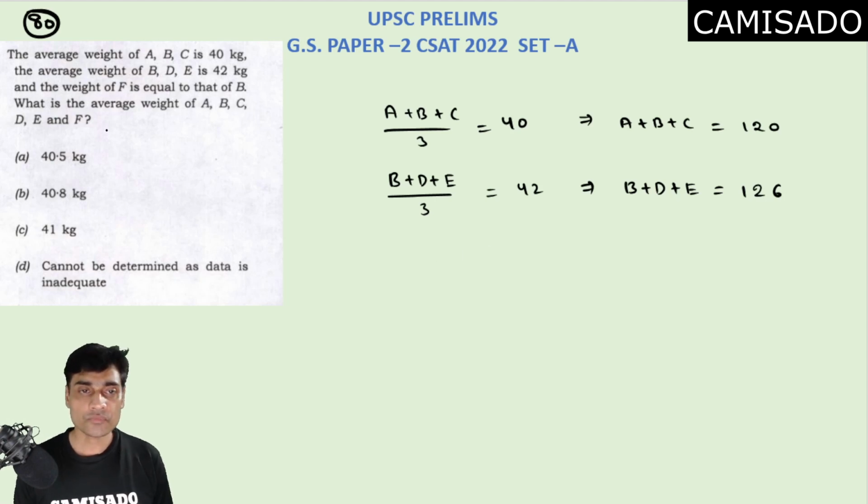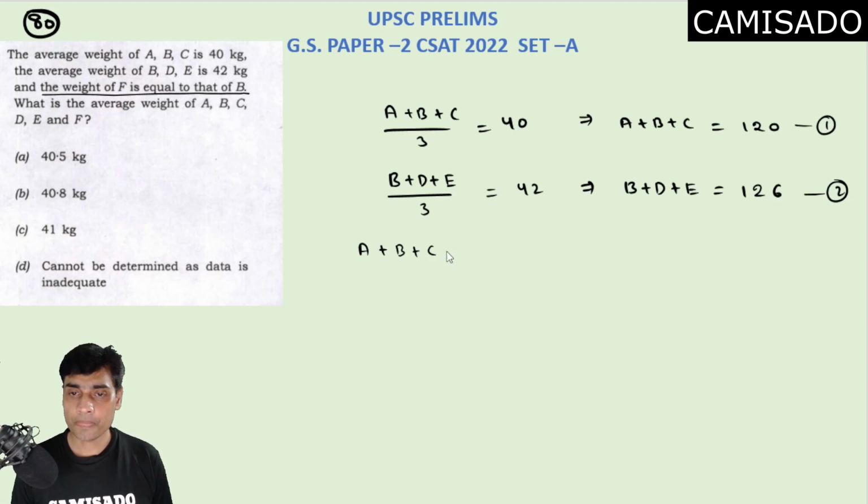Now what is the average weight of A, B, C, D, E and F, and it is given the weight of F is equal to the weight of B. So on adding 1 and 2, what we will get is A plus B plus C plus B plus D plus E. It will be equal to 120 plus 126, and it is 246.